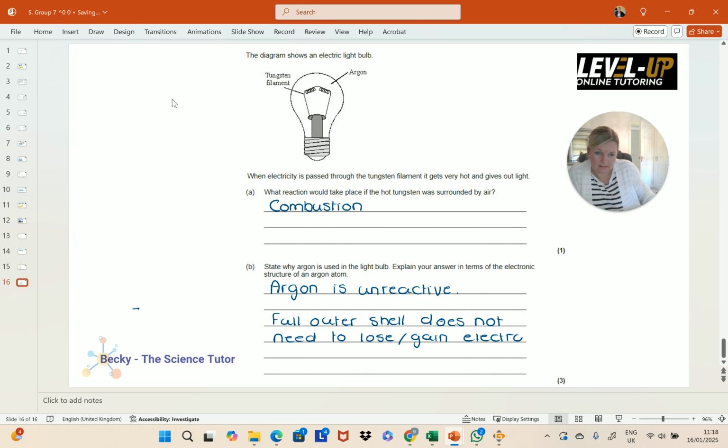So marking point 1 is that it's unreactive, marking point 2 is that you've identified it's got a full outer shell, and therefore for marking point 3 it does not need to lose or gain electrons, therefore it does not react.